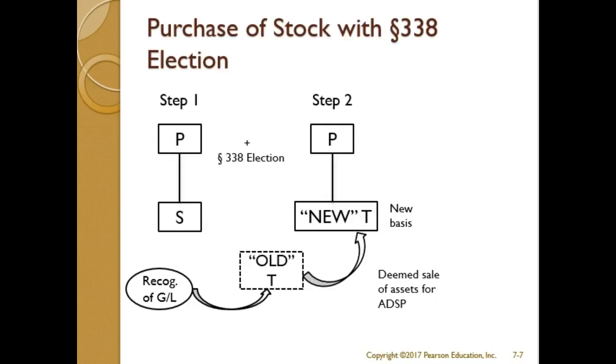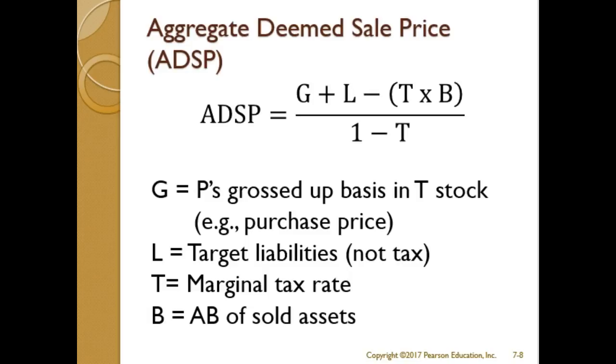so here's how the calculation will work. The parent's grossed up basis in target corporation stock is added to the target liabilities minus the marginal tax rate of the target times the basis of the assets sold, over 1 minus t.